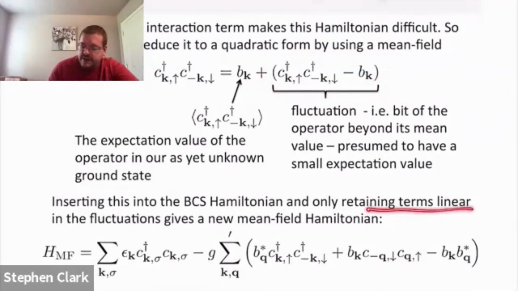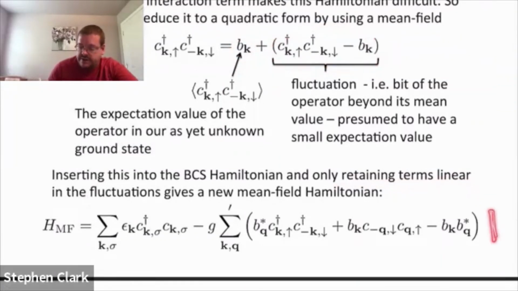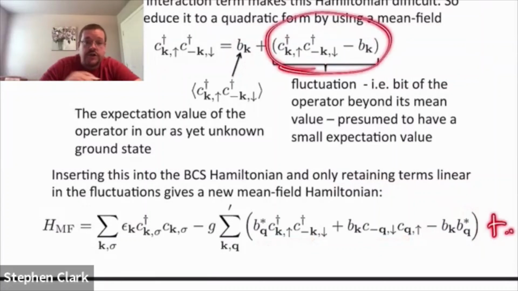So we only retain terms that are linear in the fluctuation, which means we'll end up with the scalar terms and the linear terms, and then we get rid of the quadratic terms. And this gives us a Hamiltonian that looks like this. So these are the scalar terms, and these are the two linear terms, and we've got rid of the additional fluctuation squared term.